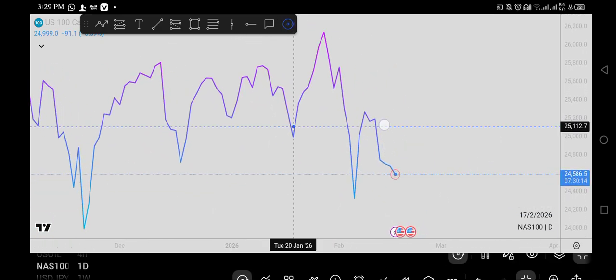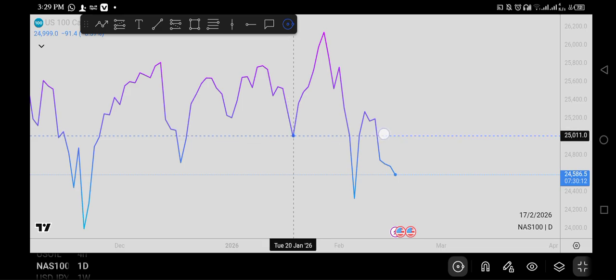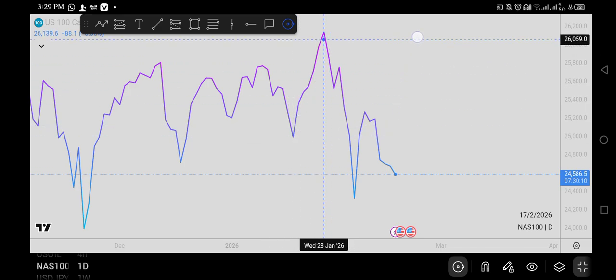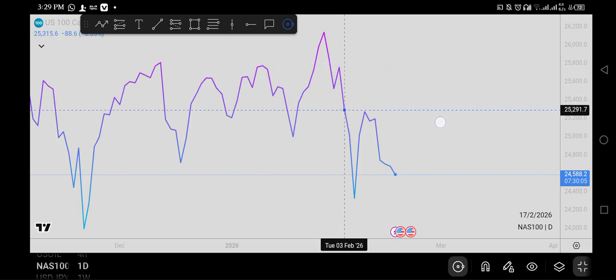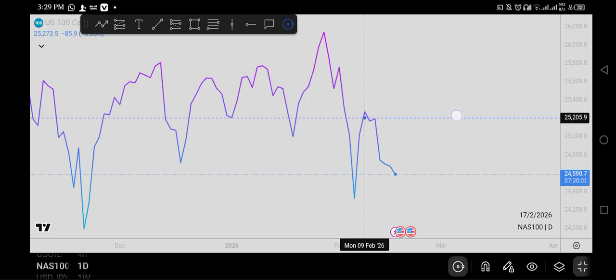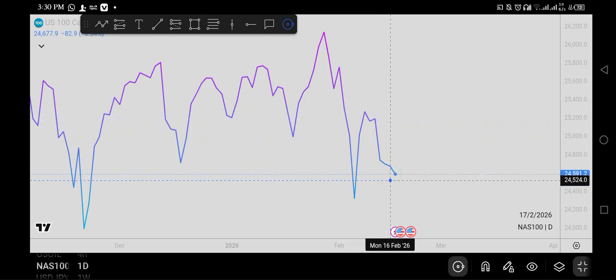This is a V-shaped key level, this is an A-shaped key level, this is a V, this is an A, and it continues like that.